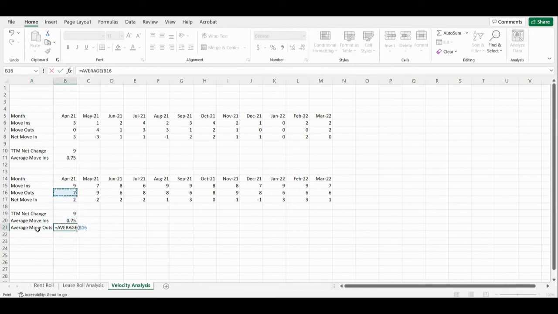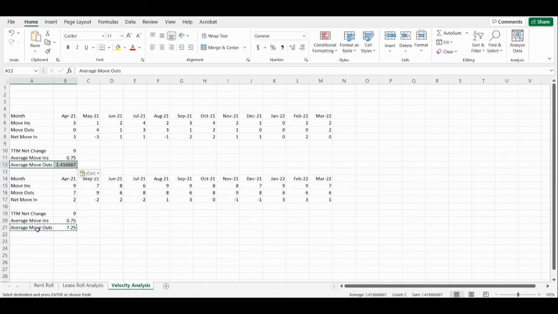Over the trailing period, they have averaged, and we'll copy that up to this one as well, 7.25 move-outs in the past 12 months. And they've kept up with it with a strong leasing program, so they've had the same net change. This property has only averaged 1.42 move-outs over the same period, and yet it has the same net change.